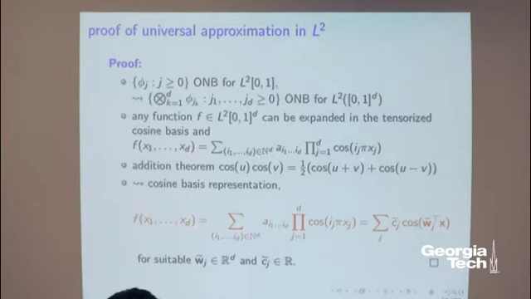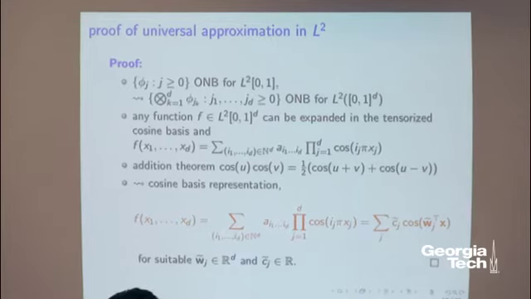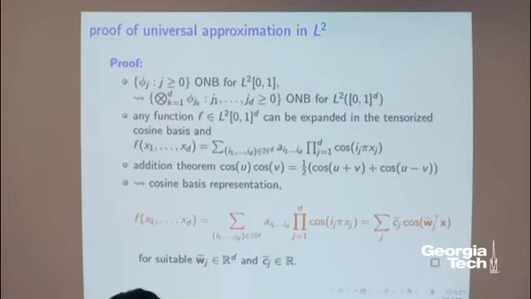Okay, so that just follows from the classical L2 theory. And now what we do is we use the addition theorem a lot of times in order to get rid of these products and to convert the products into sums. And if we have done that sufficiently often, then we will arrive essentially at a sum of this type. Okay, and so you see in this case how you generate and where these shallow functions come from for this specific activation function.